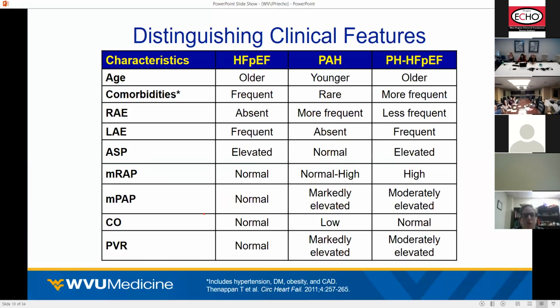They tend to have fewer issues on the right side in terms of right atrial enlargement and RVH, and more left-sided findings like left atrial enlargement and left ventricular hypertrophy and so forth. So that's kind of a summary of what you'll typically see between the differences. So it's super important to try and tell the difference to at least identify if someone has that left-sided heart disease phenotype. Next slide.